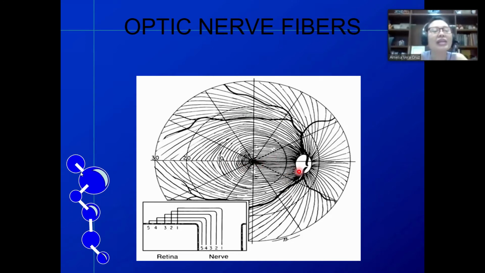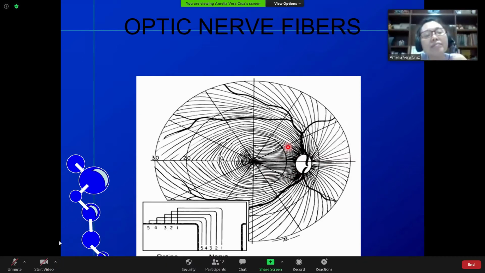So, the difference between glaucoma and papilledema: in glaucoma damage, the superior and inferior border ang unang tatamaan. But in papilledema, ang unang tatamaan, ito, the temporal border, yan ang unang mamamaga. Because this is where most of the axons are, silang unang mamamaga.